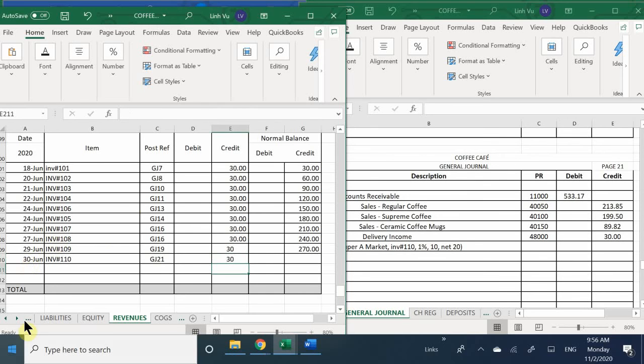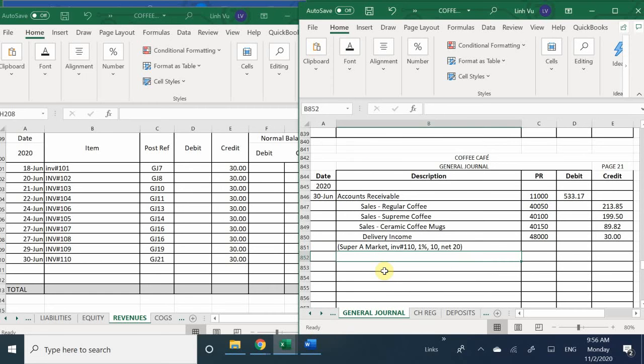And I think I should have this one right, I hope. 270. That's the previous one. So add another 30. 300. Yes. Good. So we made a sale. So we finished all the entries.